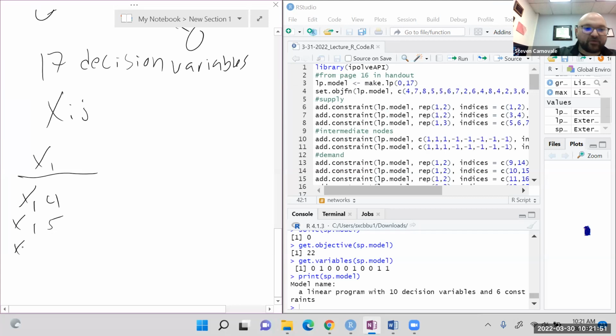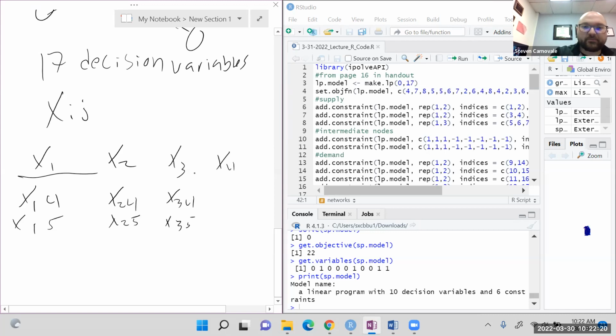Then we have X2: X2,4 and X2,5. X3, these are our supply points: X3,4 and X3,5. Then we have our intermediary points themselves.